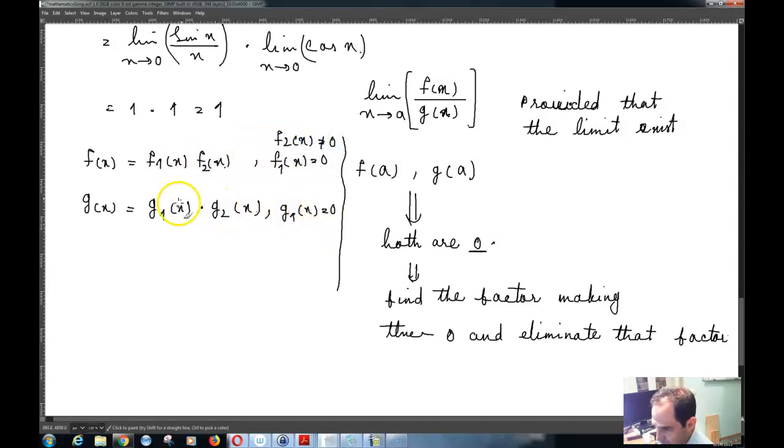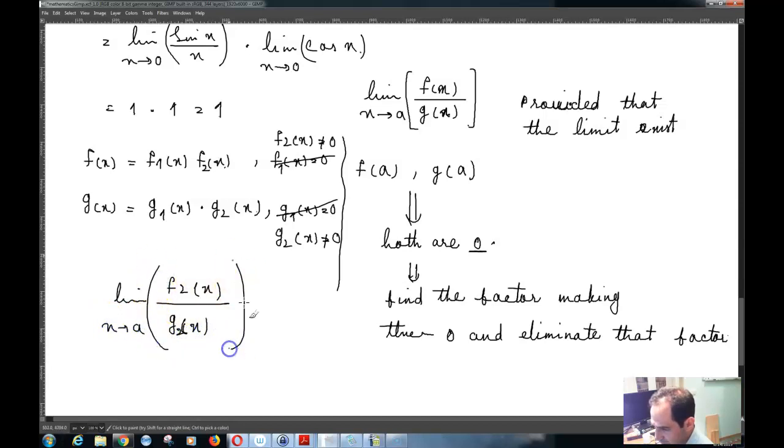Again, here g1 of x is equal to 0, g2 of x is not equal to 0. Then you can cancel these two out from the numerator and denominator, and write your limit as the limit of f2 of x over g2 of x as x tends to a, and then you can find the limit.